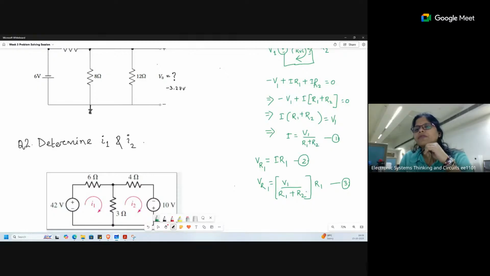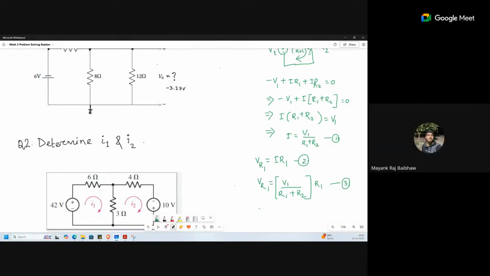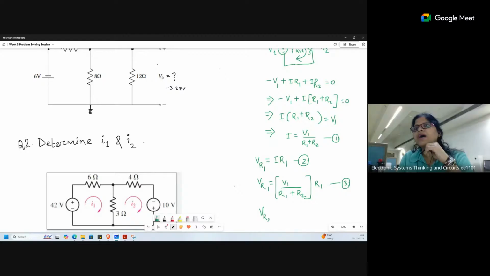Yes, ma'am. Similarly, if I want to write VR2, VR2 is equal to I into R2. So I can again replace I with V1 over R1 plus R2, multiplied with R2.